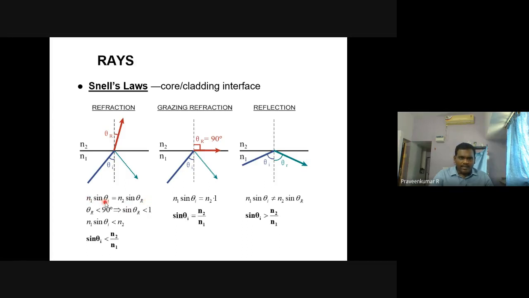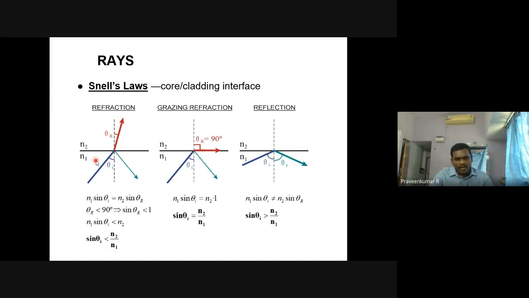So n1 sin theta i equals n2 sin theta r. Theta i is the incident angle with respect to the normal line, and theta r is the refracted angle with respect to the normal line. The blue line is the incident ray, and the brown ray denotes the refracted ray.